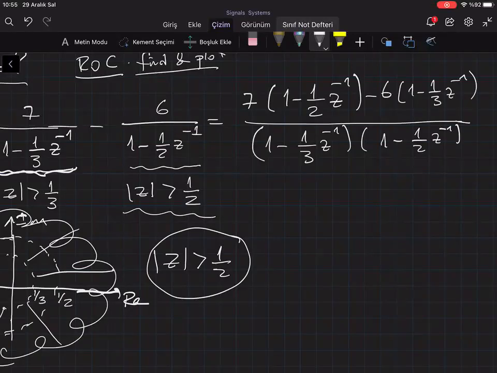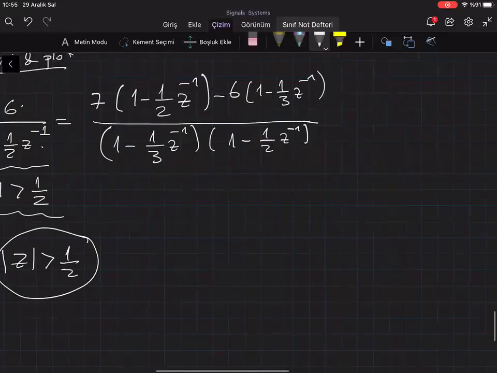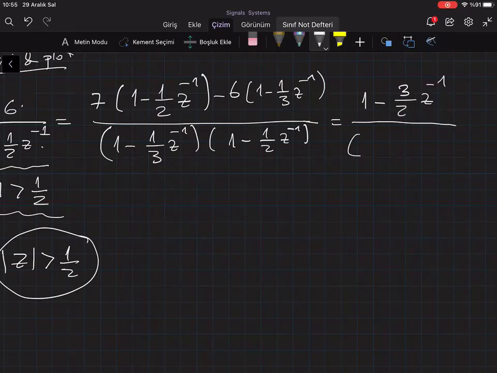Equalization of the denominators, right? Paydaların eşitlenmesi, equalization of the denominators. I multiplied this with this one. I multiplied this with this one. So what is left? 1 minus 3 over 2 z to the power minus 1, divided by the multiplication of these two.